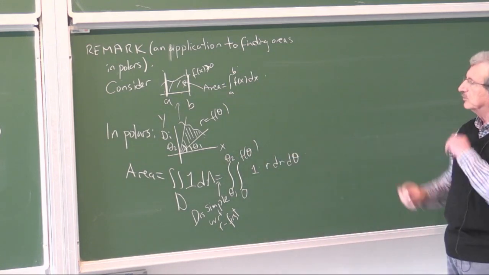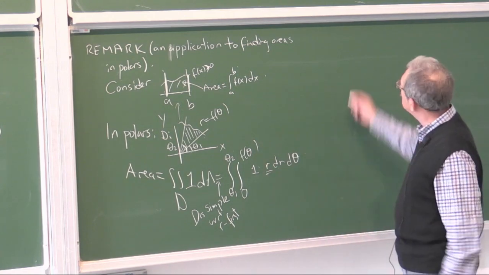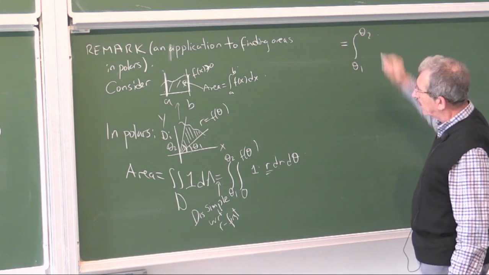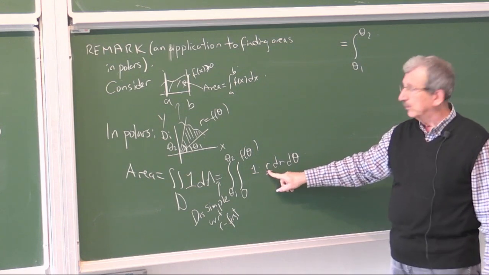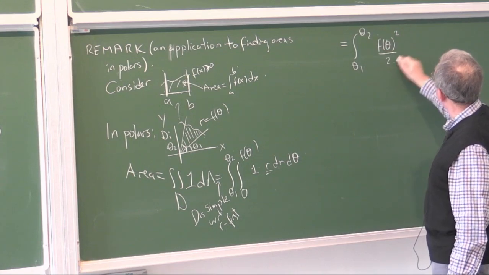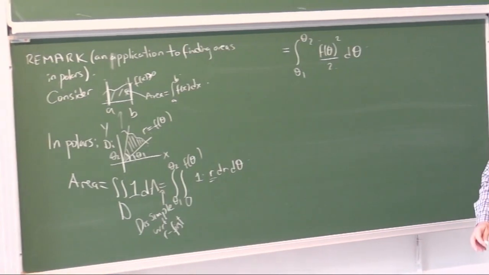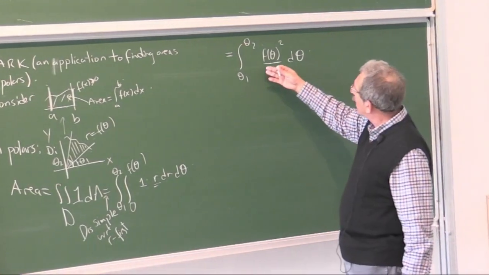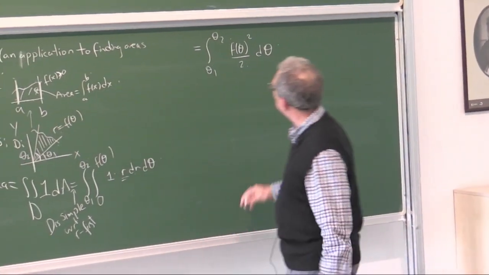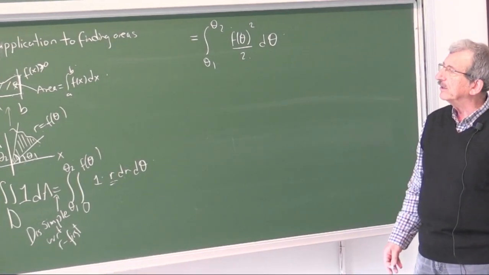So it very much looks like that. But here we have an extra r. When we integrate, this becomes the integral from theta 1 to theta 2 of r square over 2. So we take the square of f. So this is the area formula. That's to say, theta changed between 2 constants. We have a curve here, and we square it and integrate, and then we get, indeed, the area in question.